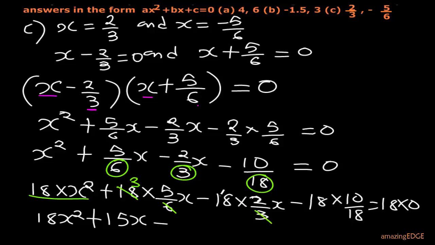Here you have minus. Now 3 divides minus 18 to give us minus 6, and minus 6 times 2 gives us minus 12, times the x there. So you have minus 12x. Then here, this 18 cancels out the 18, so you're left with minus 10. Then 18 times 0 on the right hand side leaves you with 0.